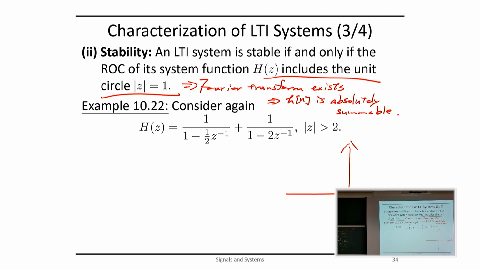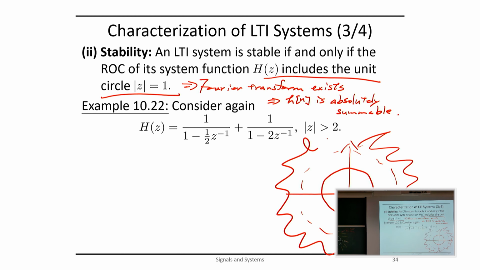Suppose that this is the unit circle, so this is 1, this is 2. If you say that the region of convergence is this, then it does not include the unit circle, and therefore the system is not stable.